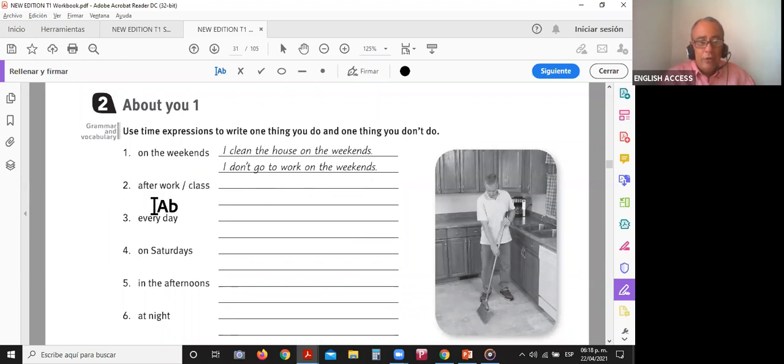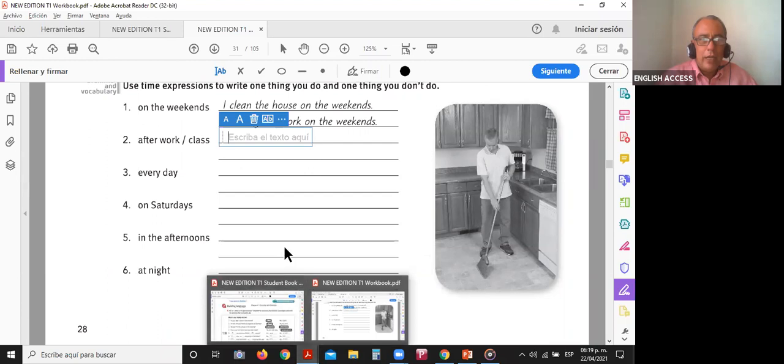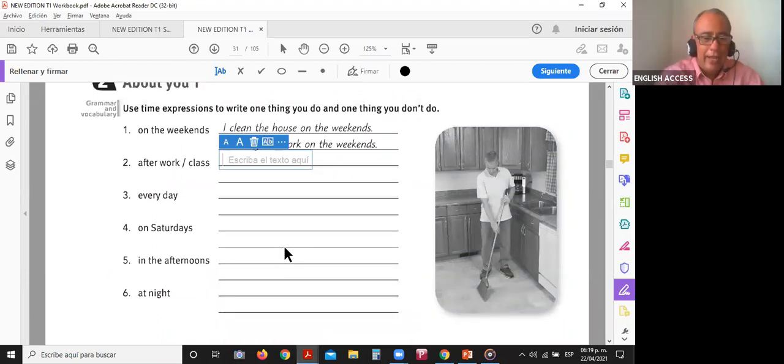And here, number 2, after work or after class. For example, I can say, I study. After work, I go home after work. Everybody goes home after work.